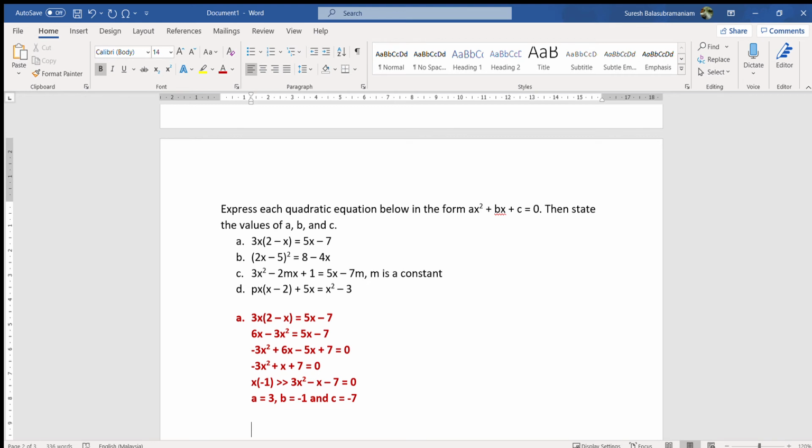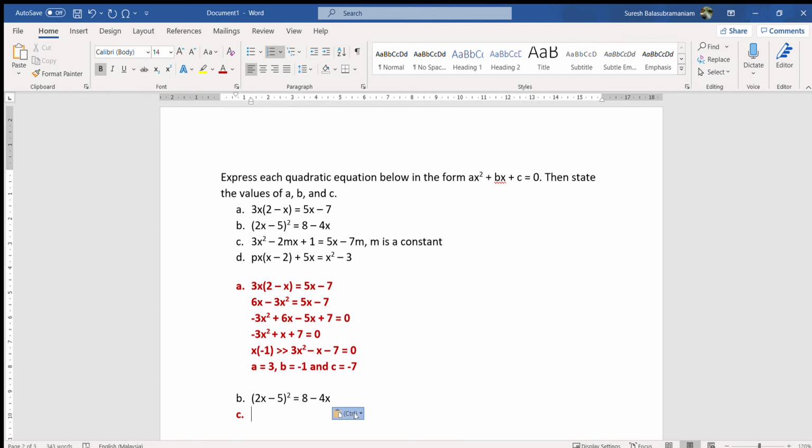Moving on for question B. So just copy and paste question B. Okay, so question B, in bracket 2x minus 5 multiply 2 equals to 8 minus 4x.